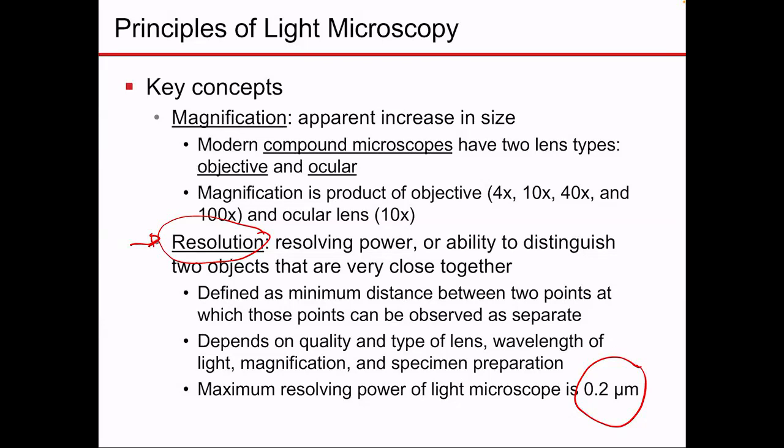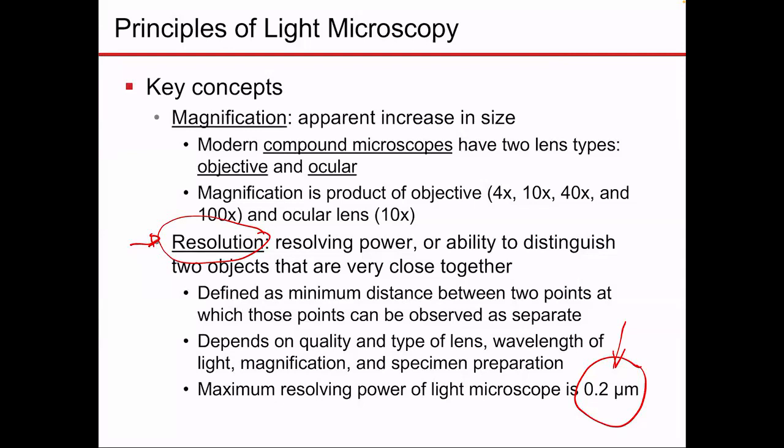They may look like a single fuzzy object that cannot be resolved by this microscope. In that case, when objects are at a distance lower than 0.2 micrometers, you may need to use different equipment.